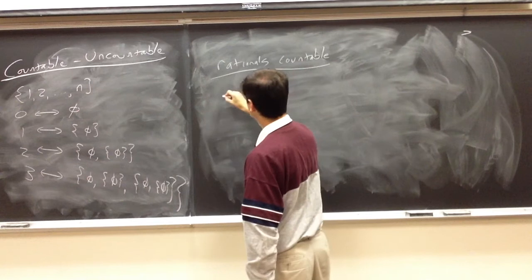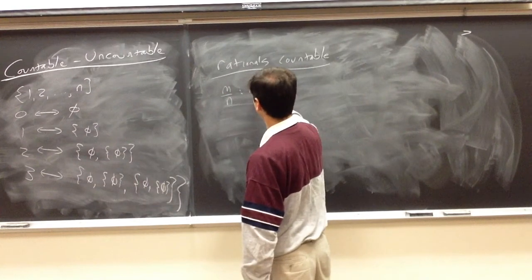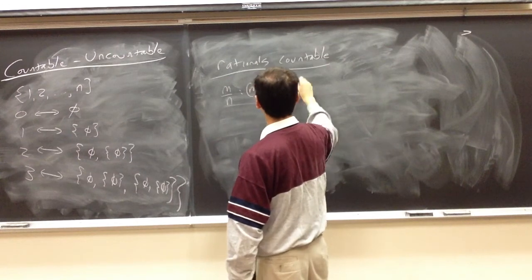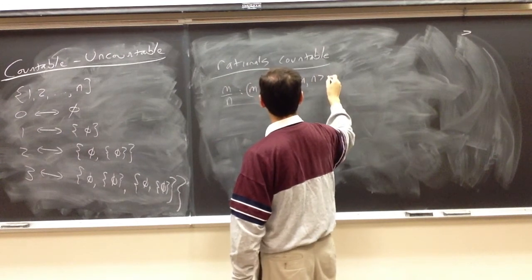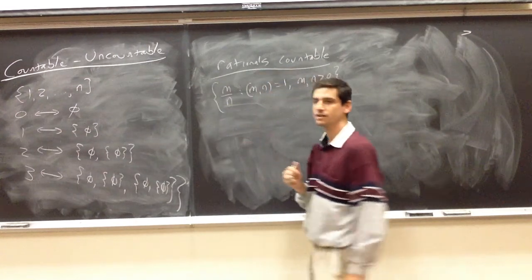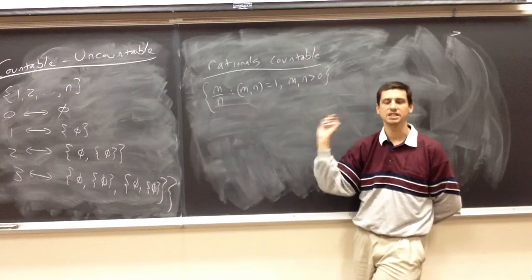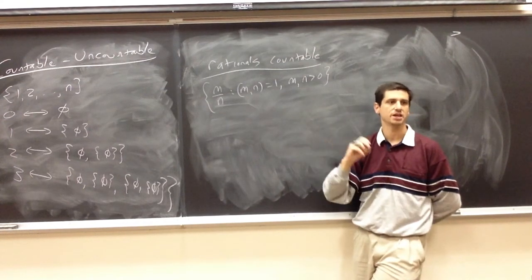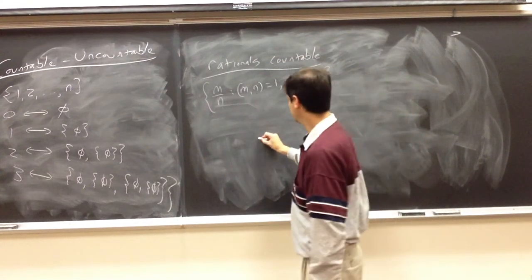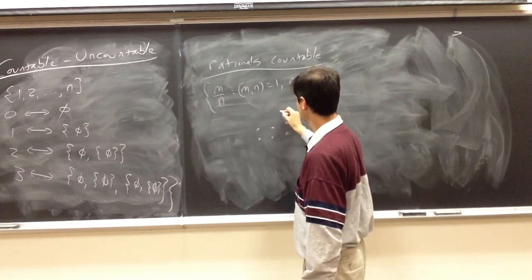And so what I can do is I will just look at all numbers of the form m over n, where m and n are relatively prime, and m and n are greater than 0. So I'm missing the negative rationals and I'm missing 0. Well, if I can handle this case, I can easily put in 0 and I can easily put in the negatives. And what I'm doing is I will walk up in like a grid fashion like this.